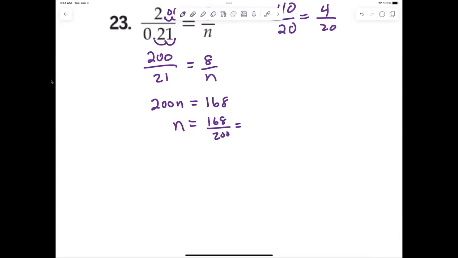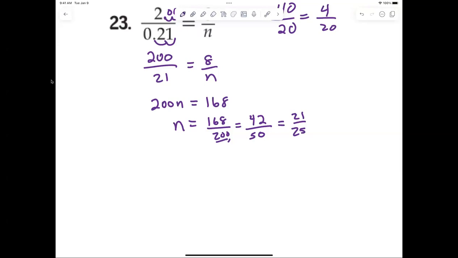Because 4 goes into 16 and 4 goes into 8. So 4 goes into 16 how many times? And 4 goes into 8 how many times? 2. 4 goes into 20. 4 goes into 0. Now we can divide by what number? So that's going to be 21 over 25.